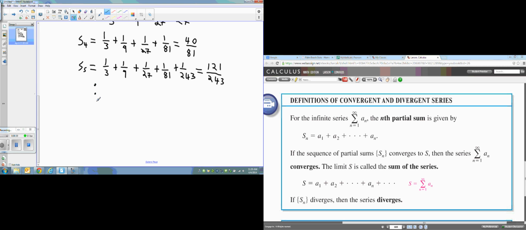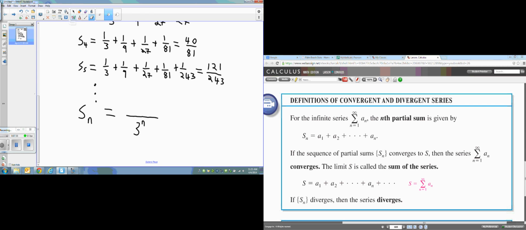So I'm going to infer that the nth term in this thing is going to equal, well, the denominators are just 3 to the nth power. But once you've determined what the denominator is, the numerator is going to be the denominator minus 0.5. Actually, it's half of the denominator minus 0.5.